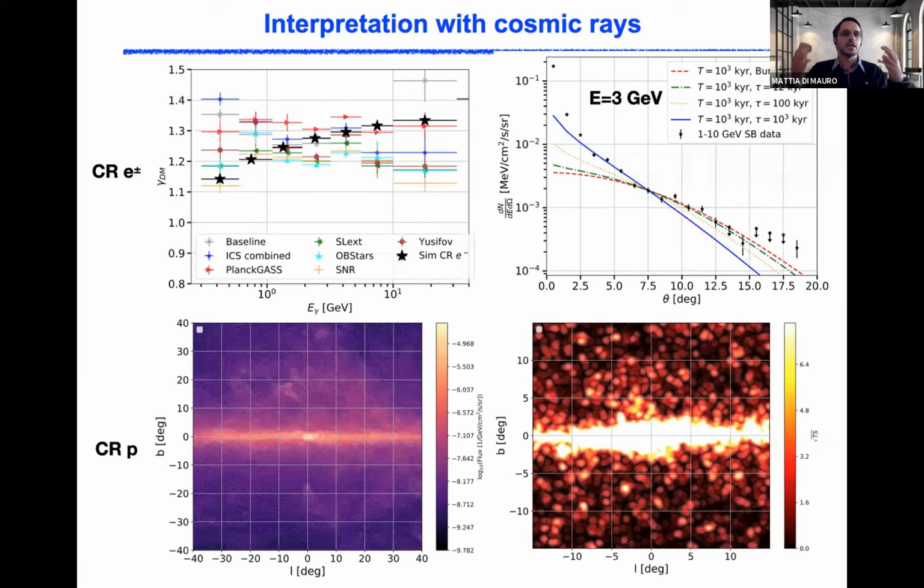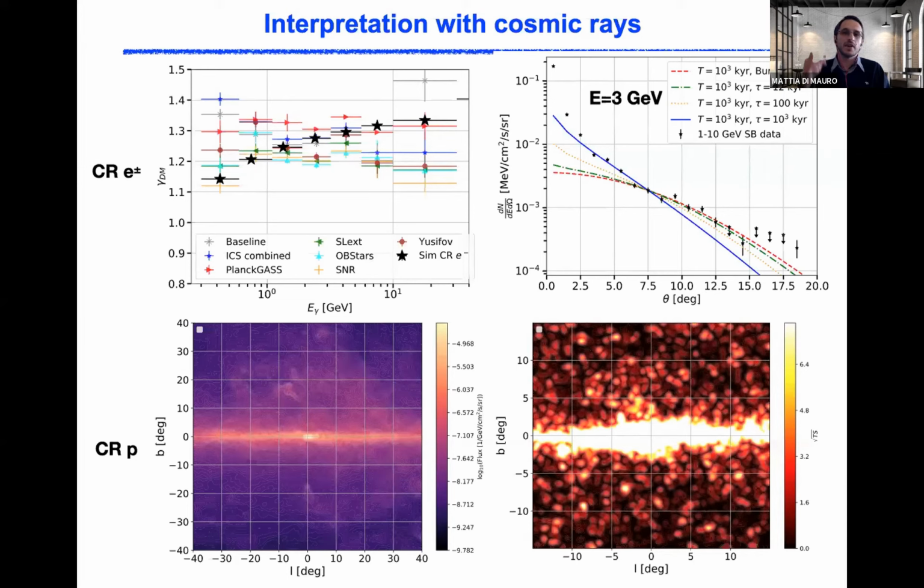These particles undergo inverse Compton scattering on the interstellar radiation field and produce gamma rays. But you expect a signal that is smaller at high energy. This is why gamma, the black stars on the top left, increases with energy due to this signal, and this is not what we observe in the galactic center excess data.